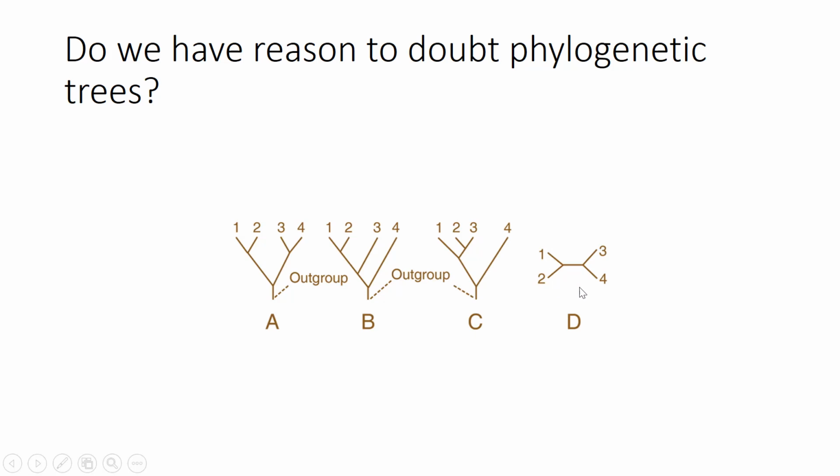And so in order to even build a phylogenetic tree, you have to assume that all of these groups in your phylogeny share ancestry, and that they all share ancestry with this outgroup, but that outgroup is not part of this group. So you can't even build a phylogenetic tree unless you assume the universal common descent of at least all of the organisms in your phylogeny along with that outgroup.